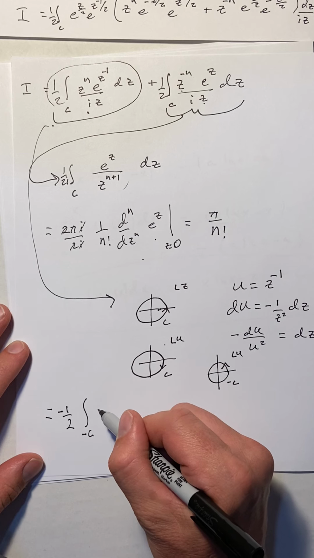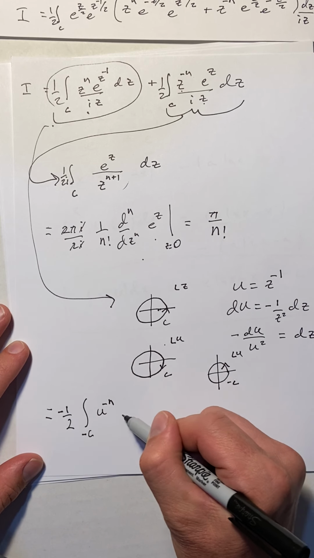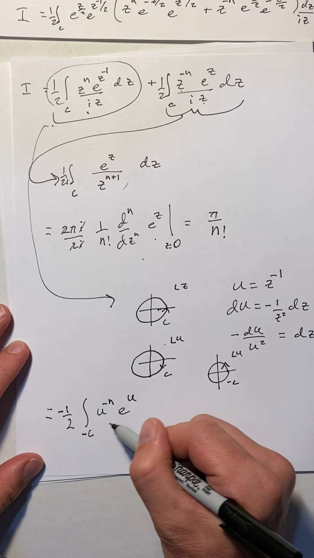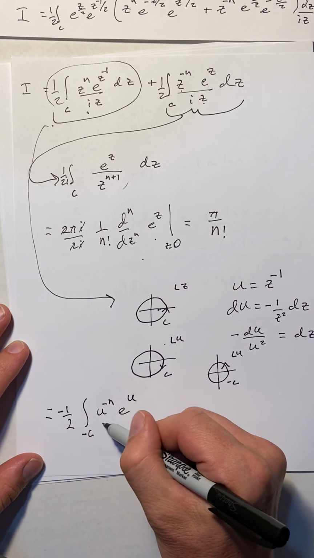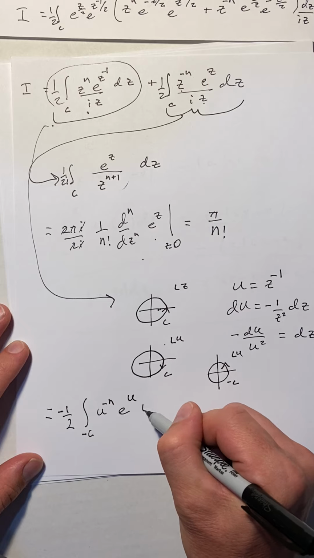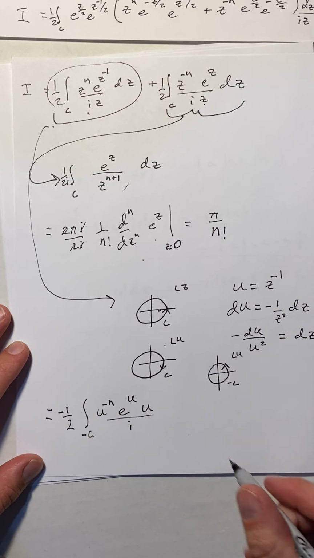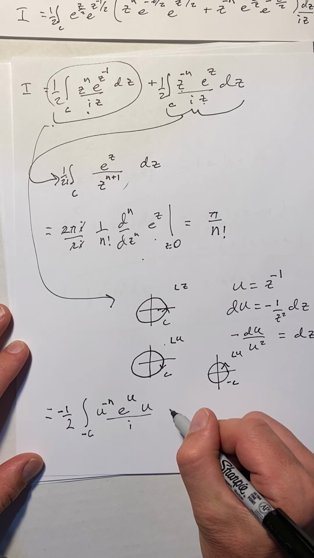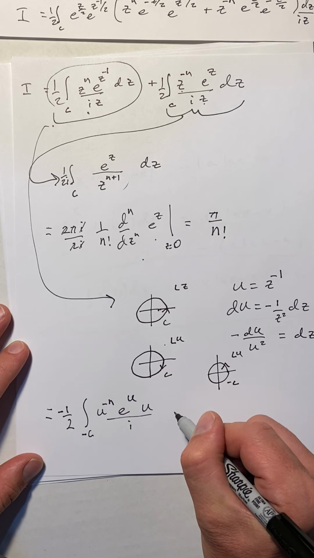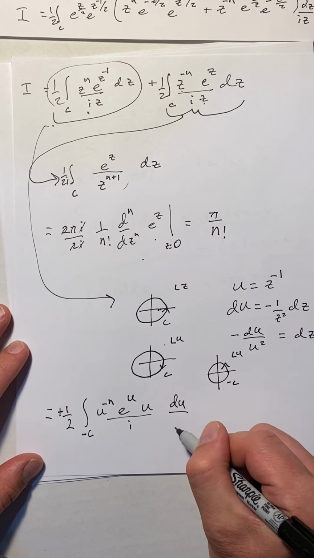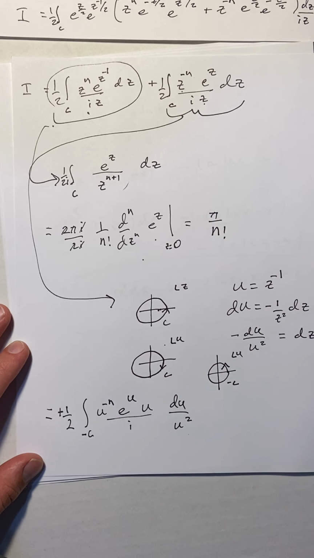z to the n becomes u to the minus n. e to the z to the minus 1 just becomes e to the u. iz becomes i over u, my z in the denominator. And then I get a negative du over u squared for dz, so plus du over u squared.